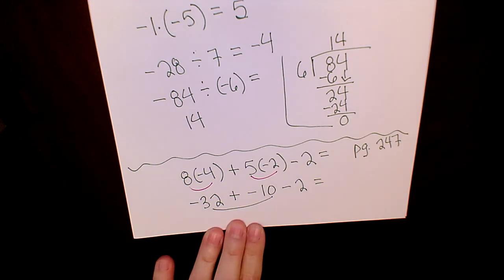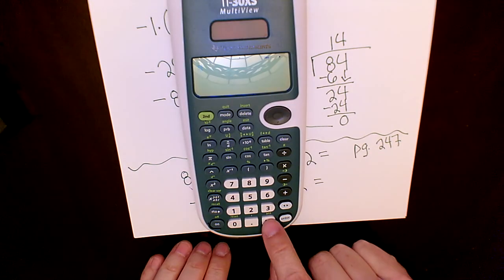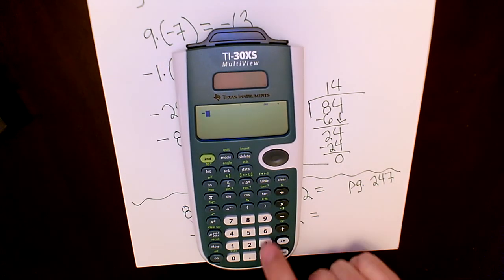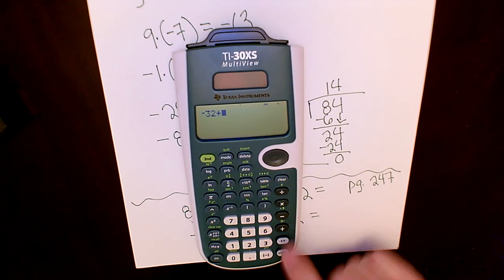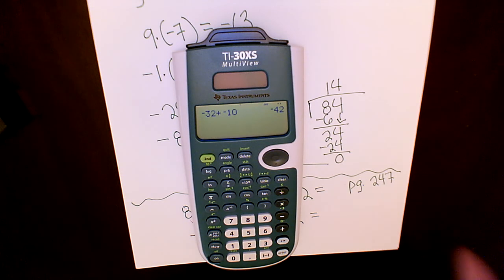If you want, I can do it on the calculator. So negative sign, negative 32 plus a negative 10. Just writing it as it is. And when we put the two negatives together, remember, we add them. So here we kind of have to know how to multiply them and how to add and subtract them.